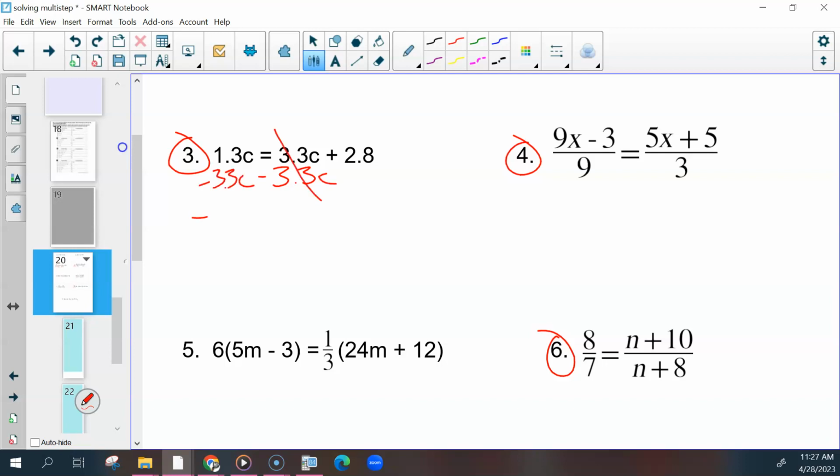So this would give us negative 2c. And then we could divide. Divide that, and what do you get?